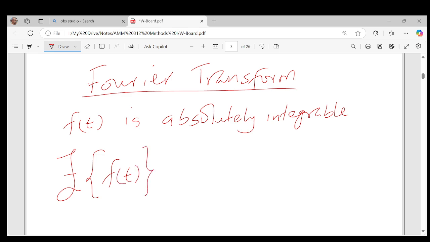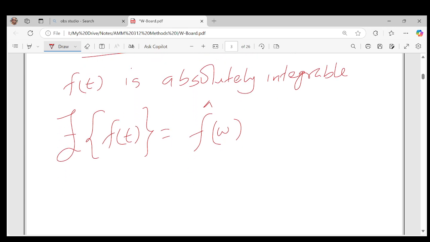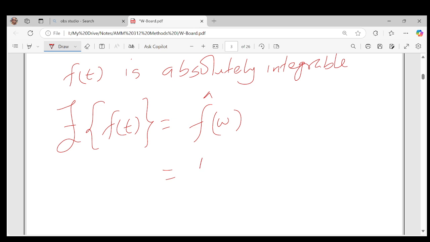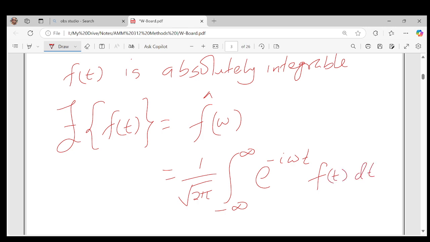A simpler notation is f hat omega, and this is defined by 1 over the square root of 2 pi, the integral from minus infinity to infinity, e raised to power negative i omega t times f of t dt.